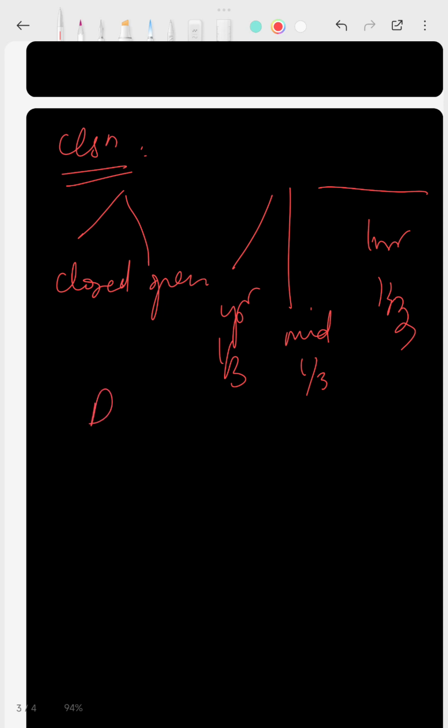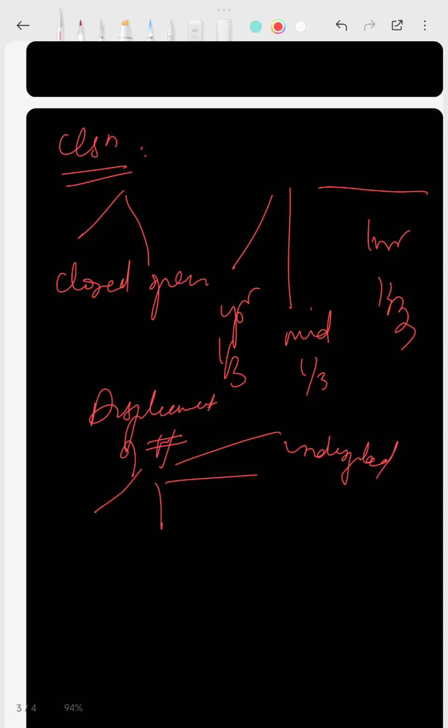With respect to displacement of fracture, it is four: one is undisplaced, sideways displacement, angulatory displacement, rotational displacement.